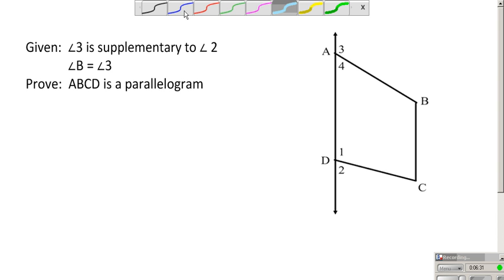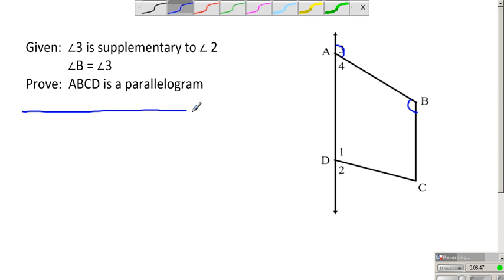So let's start with our given and get our picture marked. Now, 3 and 2 being supplementary, I can't really mark on my picture, but I am going to use those in my given. But I can mark that B is equal to 3.